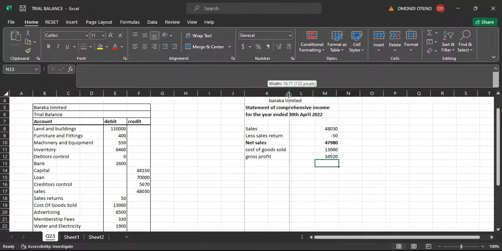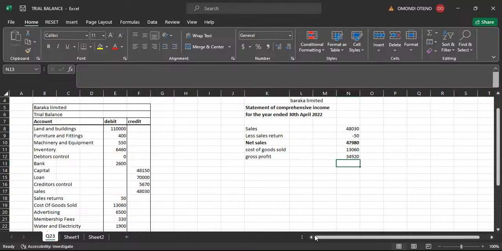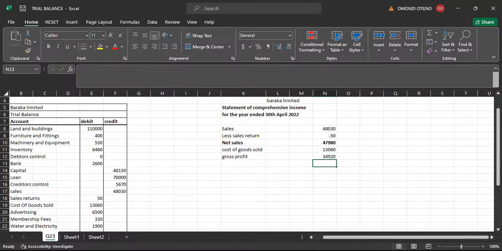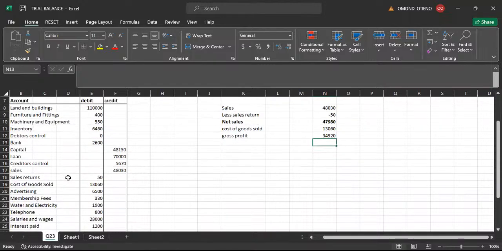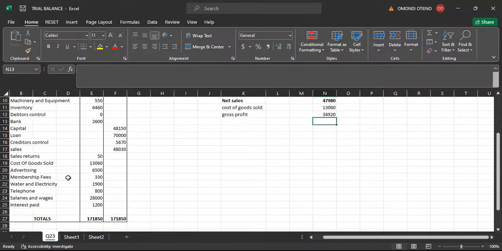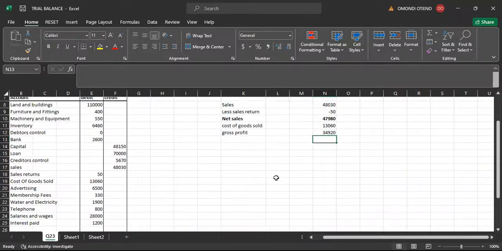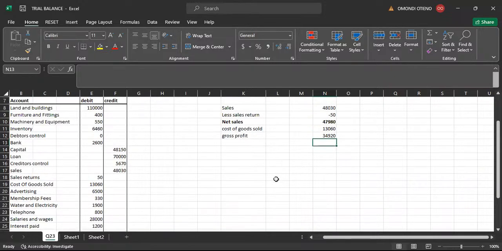I don't want to proceed beyond that point before I confirm that we are together. Just confirm to me that all of us are having 34,920 as their gross profit.